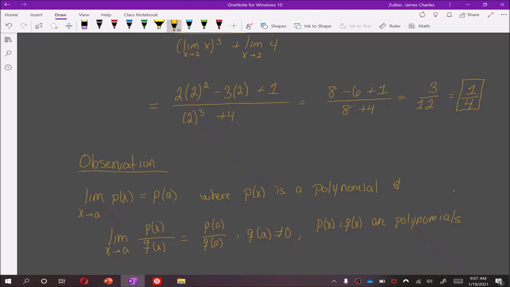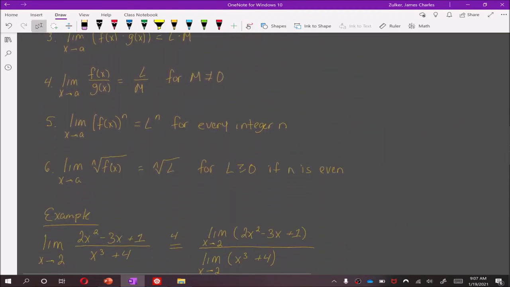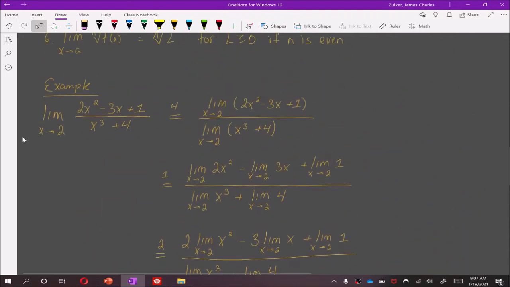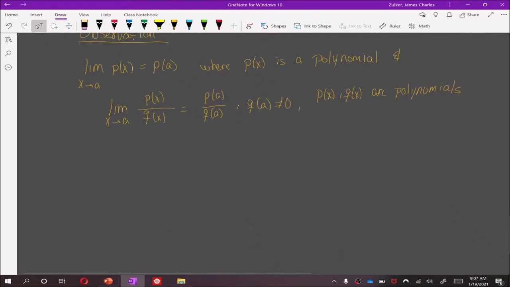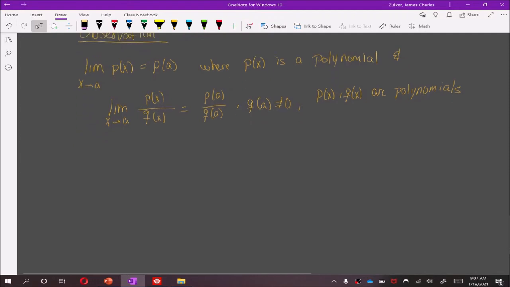And in fact, this idea also extends to if we have roots as well. So that means we don't have to keep going through all of this. This observation is easily provable using those limit laws. We will not go over that proof in this video. However, we are going to use this observation now to evaluate 3 more limits.